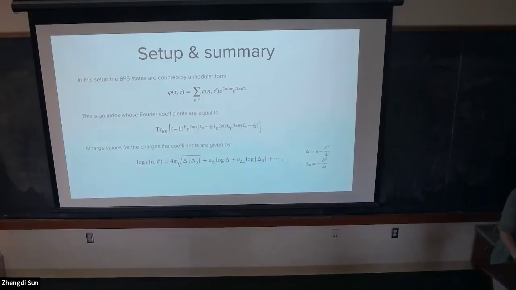At large values of the charges, these coefficients can be computed, and they are given by an expansion that looks like this. Here, delta and delta naught are variables that will turn out to be very useful to analyze the coefficients at these large charges that we're interested in.